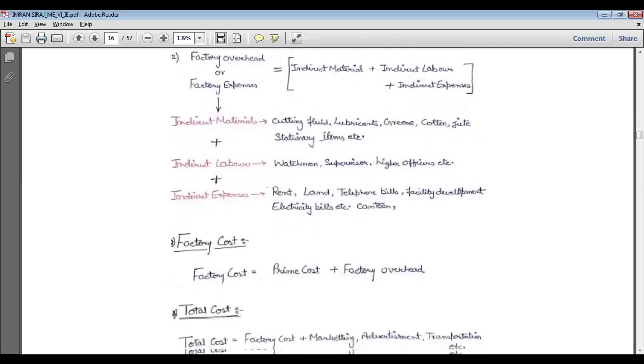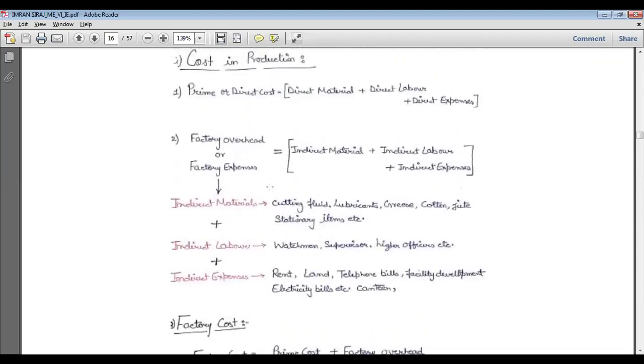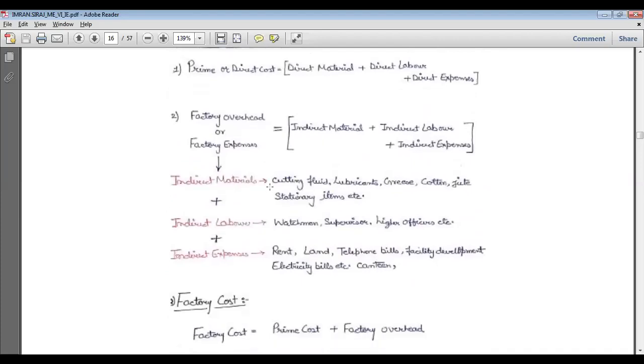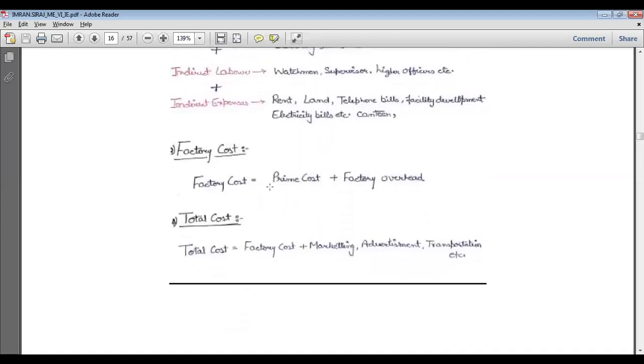So all these costs are summed up, and this way factory cost is found. This is the cost at which the product leaves the factory or manufacturing facility.